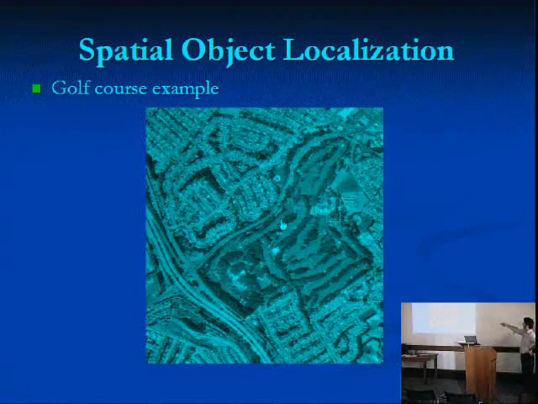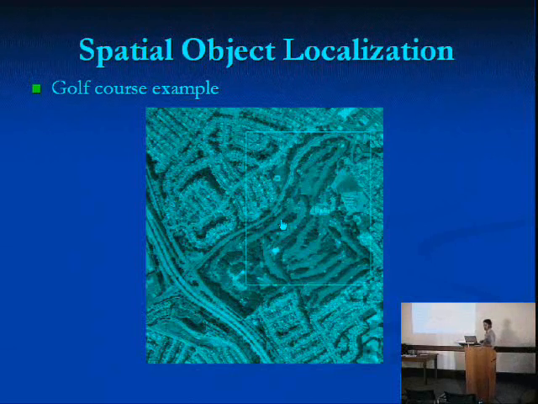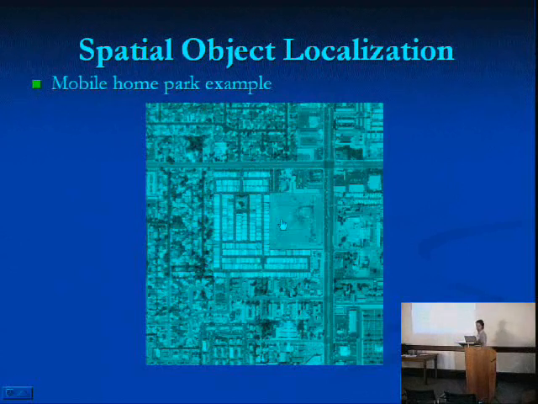We started with the initial seed point, and then we're growing this bounding box based upon the learned texture motifs for golf courses. This is not live, this is pre-computed, but it's some sort of coarse segmentation based upon the statistics of the textures in this region, and similarly for mobile home parks.